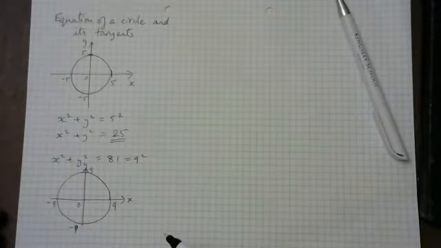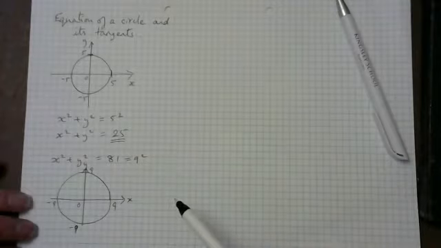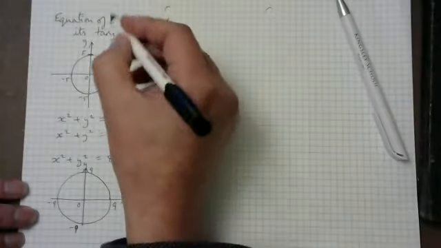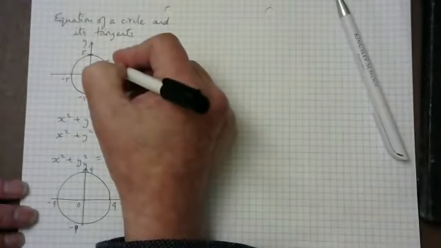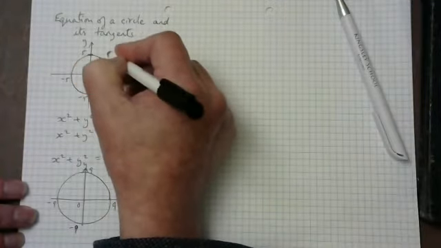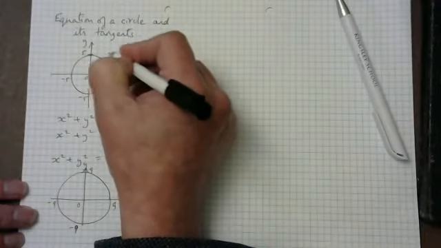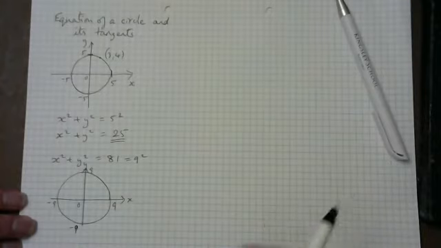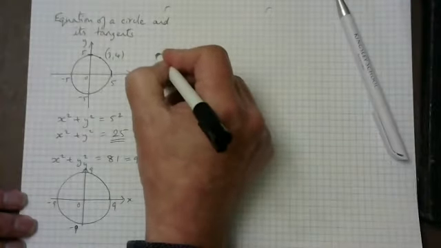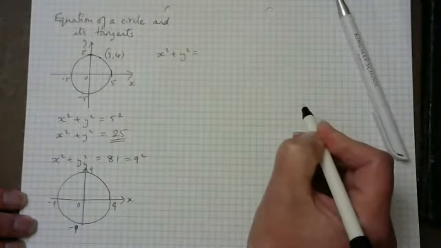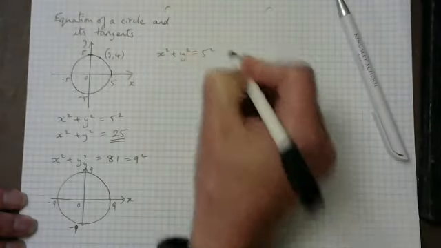If you've got that sorted out, then we can move on to the next bit, the tangents to a circle. So let's find a tangent to this circle. Now 3, 4 is a particular point on this circle. So let's find the point 3 along, 4 up. So it's about here, 3, 4. I know that 3, 4 is a point on this circle because I know that x squared plus y squared equals 5 squared.